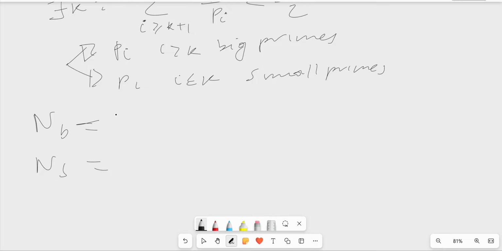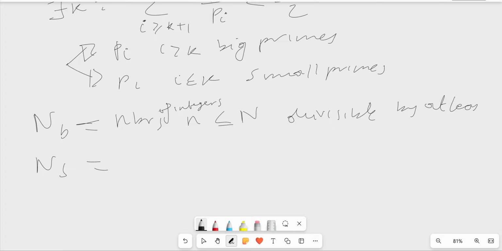So here, NB is the number of integers less than or equal to n divisible by at least one big prime. Remember how we defined big prime. And NS is the number of integers less than or equal to n only divisible by small primes.